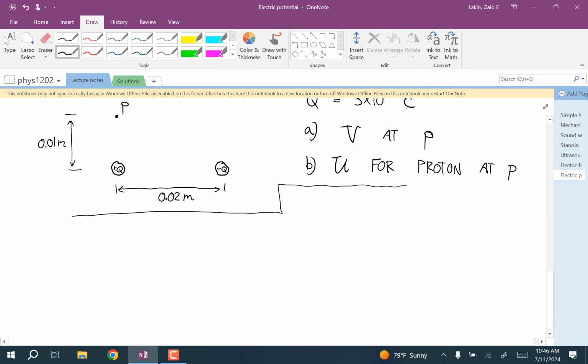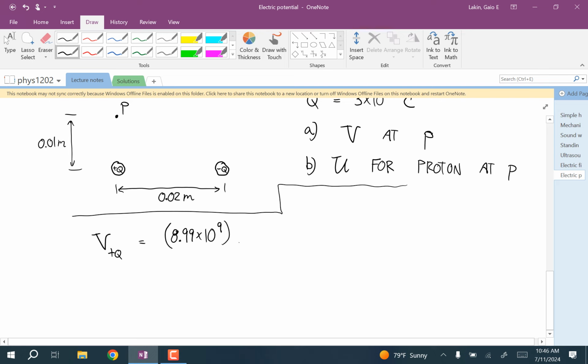So the electric potential due to the positive Q charge is equal to 8.99 times 10 to the 9th times the charge.